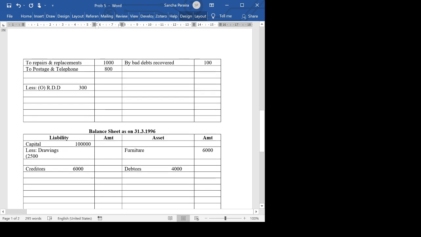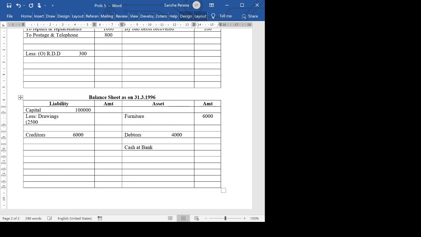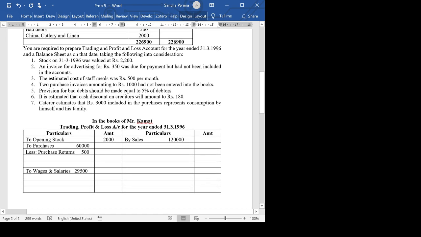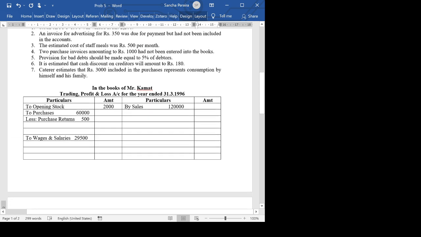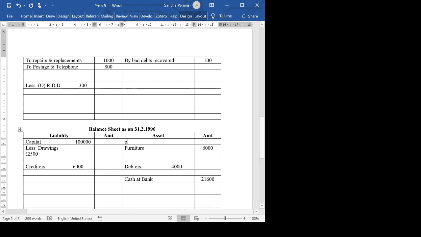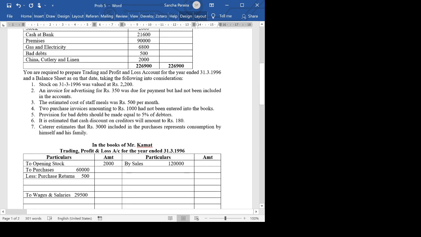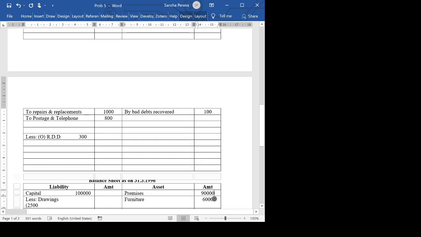Cash at bank 21,600. Then there is premises 90,000. Gas and electricity 6,800. To gas and electricity.